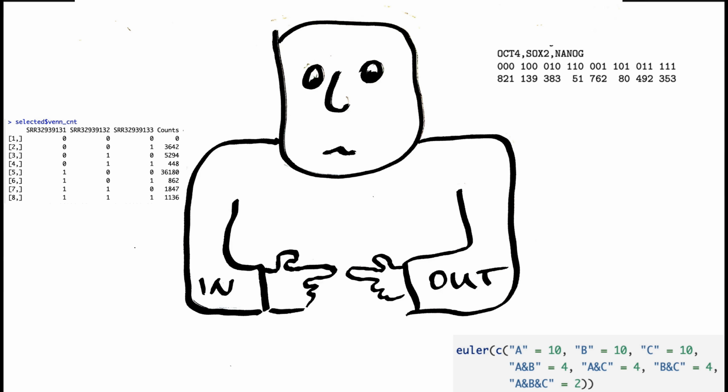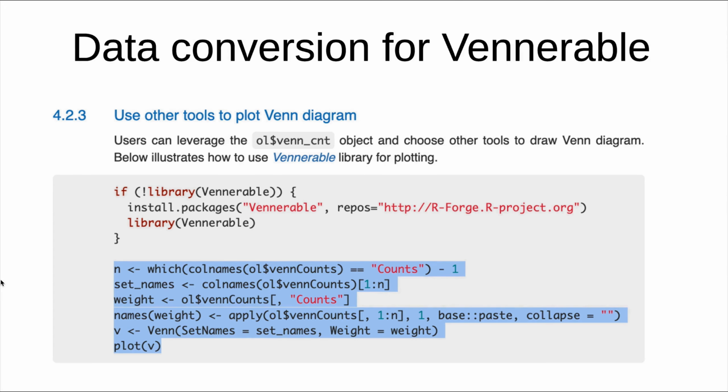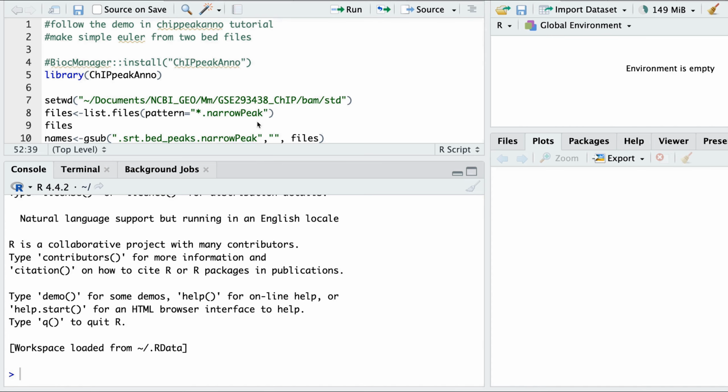Obviously, you have to resolve a puzzle of how to connect ins and outs in your data. One solution is given directly in the ChIPpeakAnno user's guide. They say if you want to stick Vennerable to your ChIPpeakAnno, then copy-paste those lines and it will work.